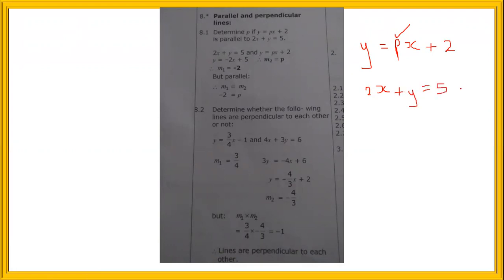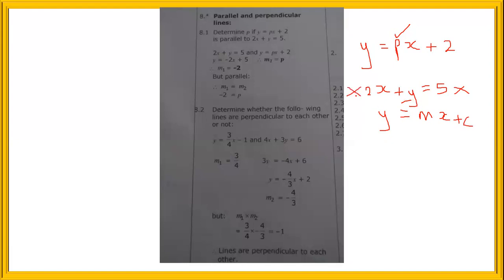So from this equation, you can see that the equation is not in its standard form. So you need to convert that to standard form. How do you do that? Remember, standard form is always y is equal to mx plus c. So we need to make y the subject of the formula from this equation.